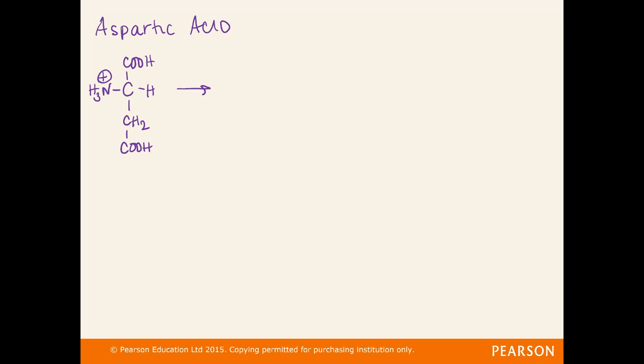ASP 2.09. This one's 9.82. And then the R group is 3.86. Okay, so the pKa's change a little bit depending on the structure of the molecule.